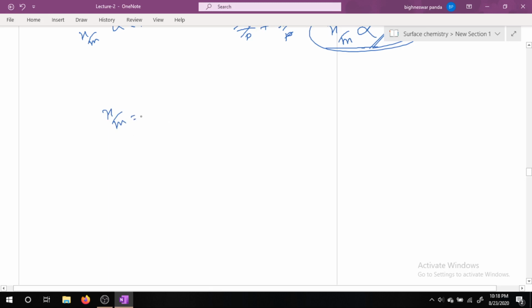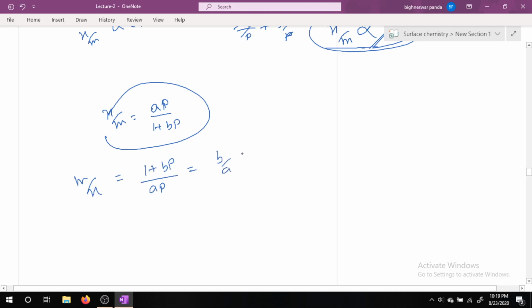So we have x by m is equal to aP by 1 plus bP. If I reverse this equation, m by x is equal to 1 plus bP divided by aP, which simply gives m by x is equal to b by a plus 1 by aP. This is of the form y is equal to mx plus c.